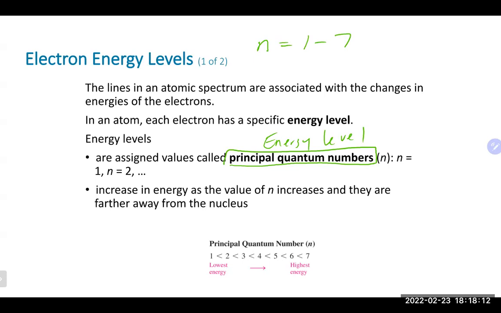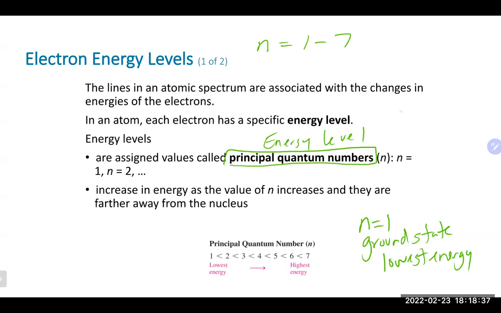And on these energy levels, there are different amounts of electrons, depending on what element you're dealing with. When we call n equals 1, that is what is referred to as the ground state. And that is the lowest in energy. That is the lowest state of energy you could have, the closest to the nucleus.